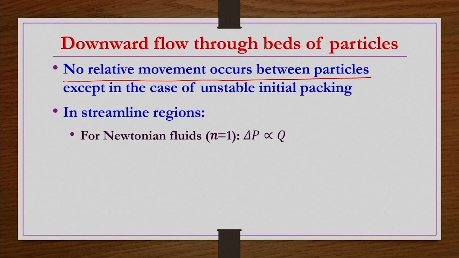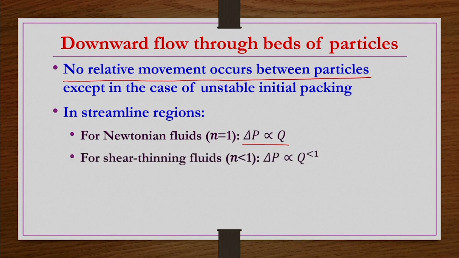What we understand from there, for Newtonian fluids delta P is directly proportional to Q, the volumetric flow rate, but for shear thinning fluids delta P is proportional to Q to the power of less than 1. This you can get from the frictional pressure drop equation that we got, f equals some constant alpha by Re prime or Re star plus constant beta.